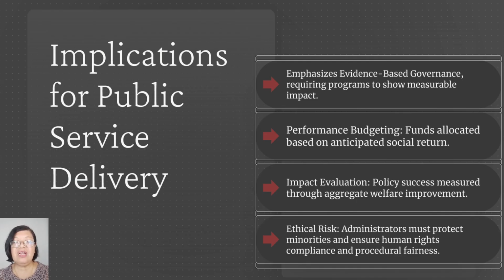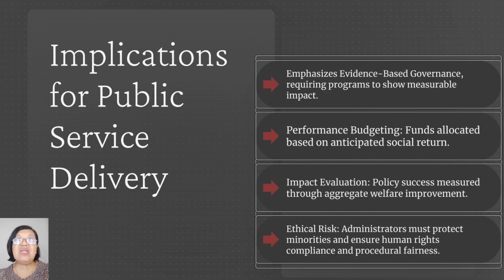First, we have evidence-based governance, wherein programs must first show measurable impact. For government programs to be considered good, they have to show the measurable impact. Performance budgeting, wherein funds are allocated based on anticipated social returns.